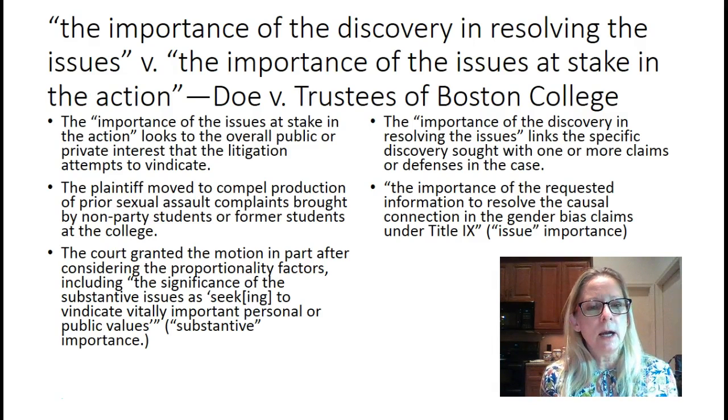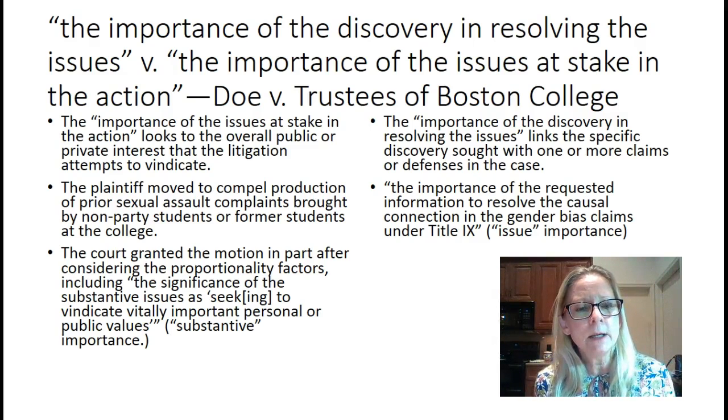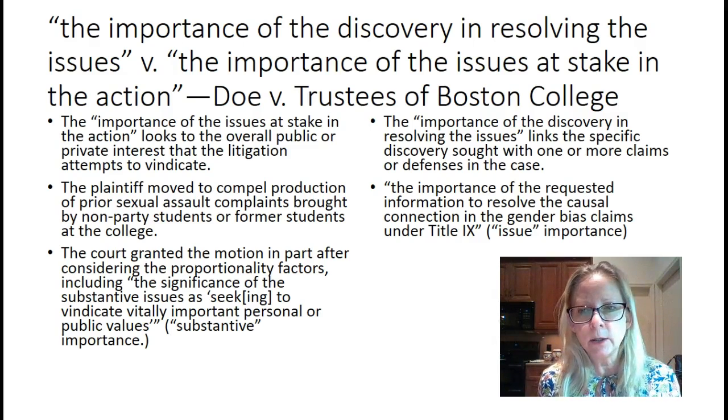So here, the court granted the motion in part after considering proportionality, including this one. It said the significance of the substantive issues as seeking to vindicate vitally important personal or public values.